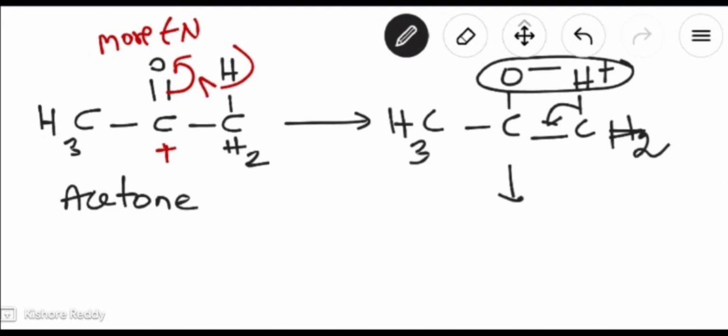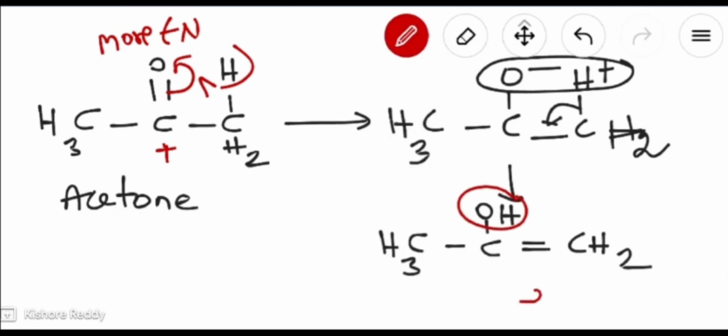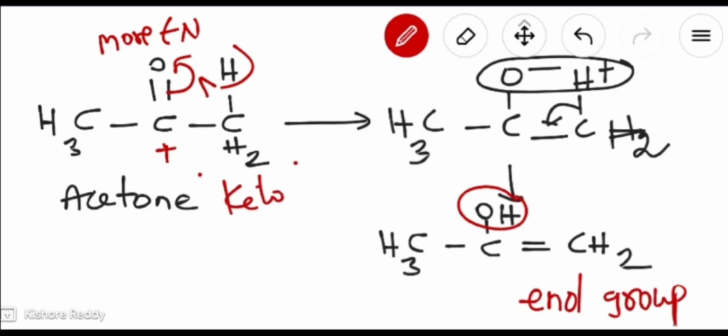How do you get the last one? CH3 dash COH double bond CH2. Now tell me now, this is which group? Enol group. And this one is keto group. Clear? Any doubt in this?